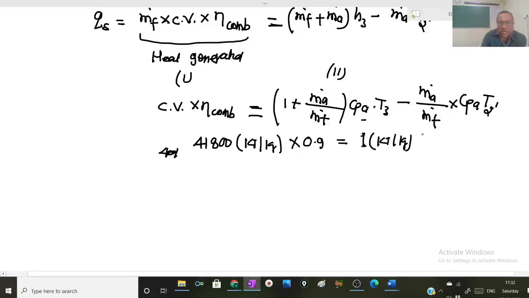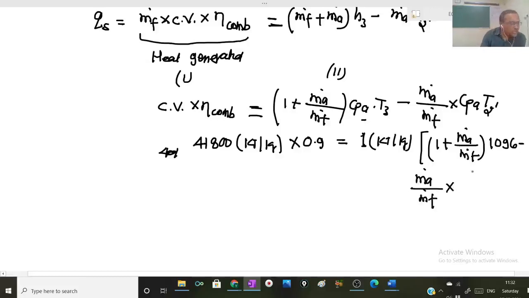What will remain inside? 1 plus m dot A over m dot F, times T3, which is 1096, minus m dot A over m dot F times T2 dash, which is 482.24.